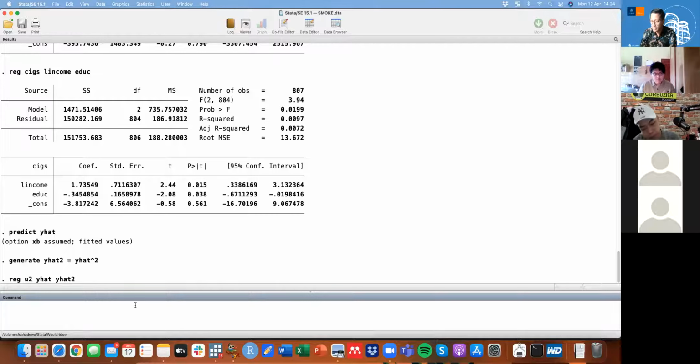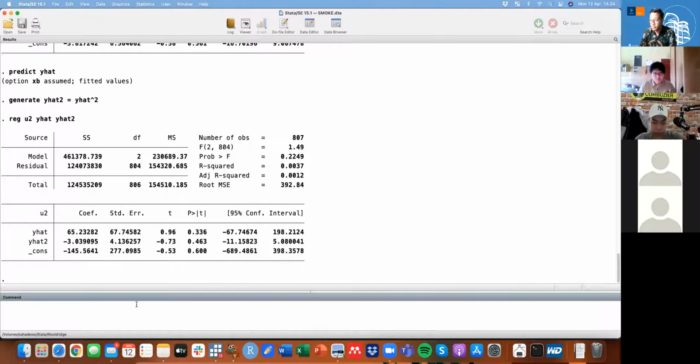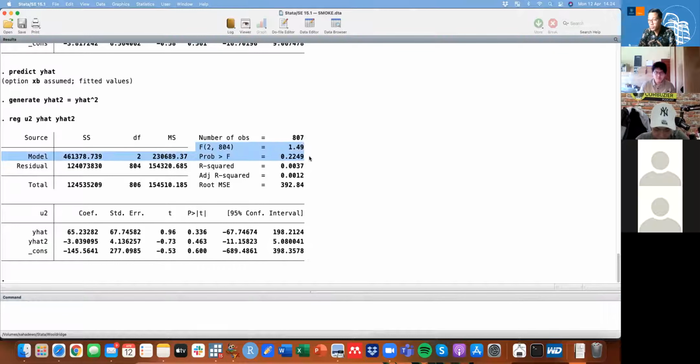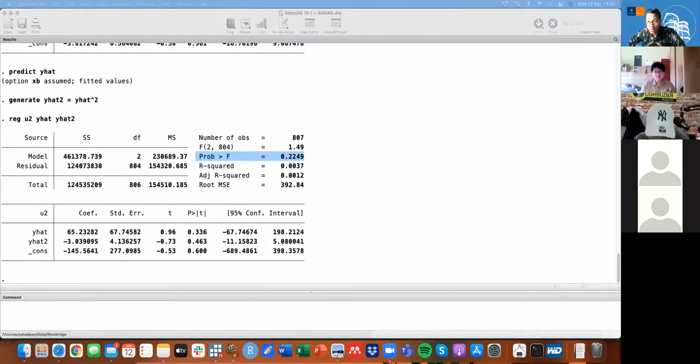Then we run the regression, and again, what we're interested in is the p-value. The p-value here suggests that we do not reject the null hypothesis, so the p-value is larger than 0.10.